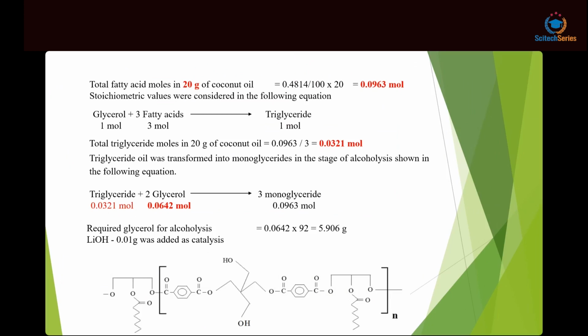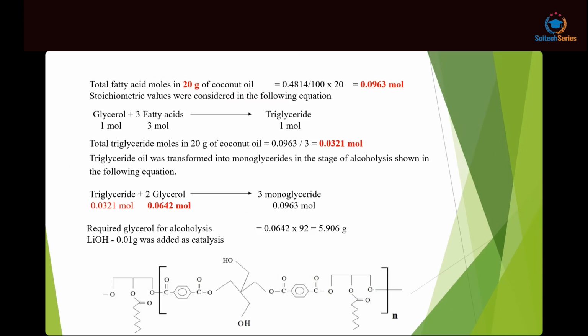So according to that, I have found the total triglyceride molecules in moles in the 20 grams of coconut oil, divided by 3, 0.0321. Here is the formula. You can see the chemical reaction between triglyceride and two glycerols reacting together.